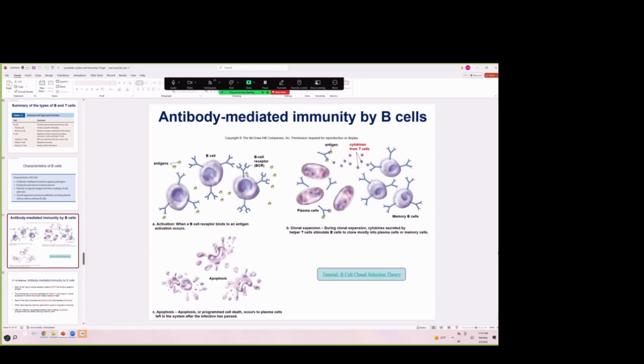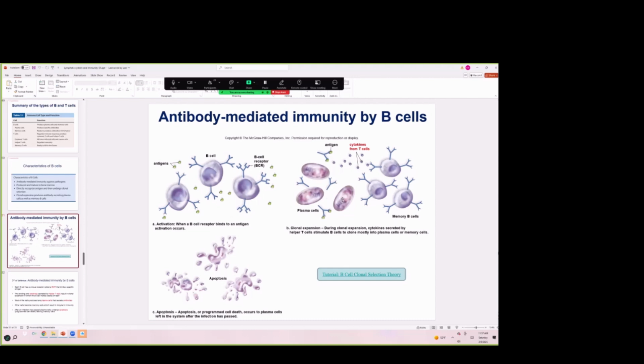So these ones will not be dividing. These ones will go now and divide. When they divide, they start making more of these cells, but they go into two groups, a plasma cell and a memory cell. The memory cell has the same structure, almost like the original parent B cell that was activated.